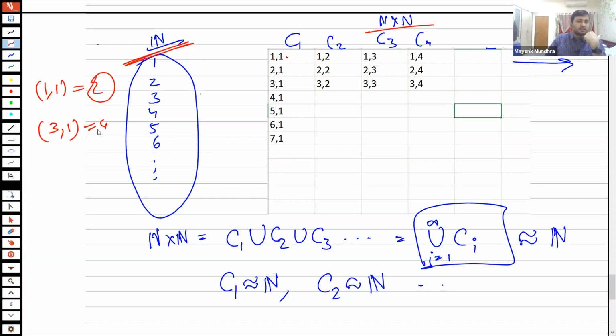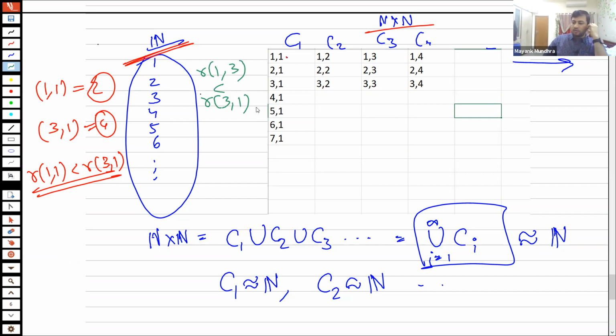So 2 is less than 4, so the rank of 1, 1 should be less than the rank of 3, 1, because the sum is low. And if the sum is the same, suppose I am comparing 1, 3 and 3, 1, then the one which has the smaller first number gets the higher rank. So the rank of 1, 3 is going to be less than the rank of 3, 1.